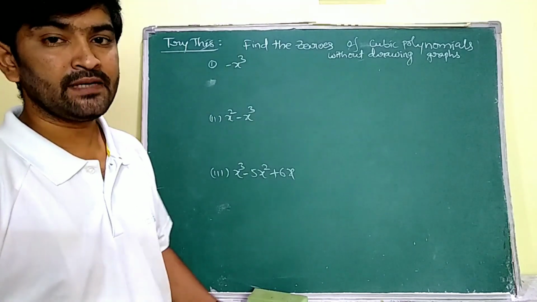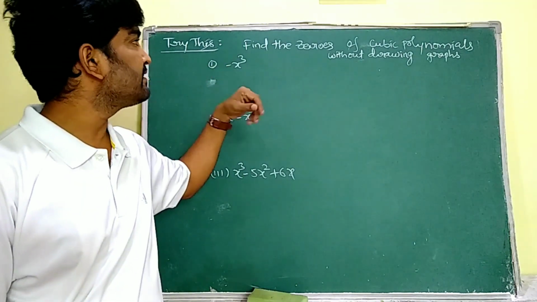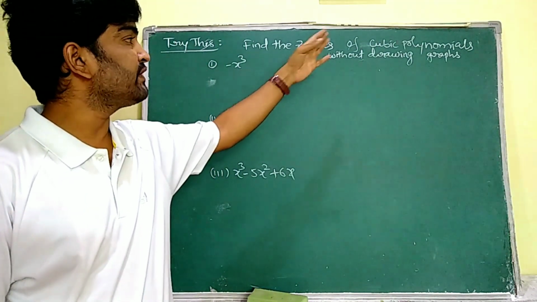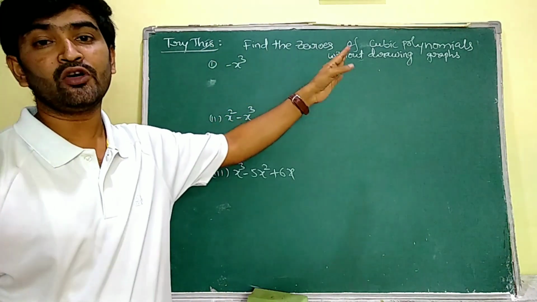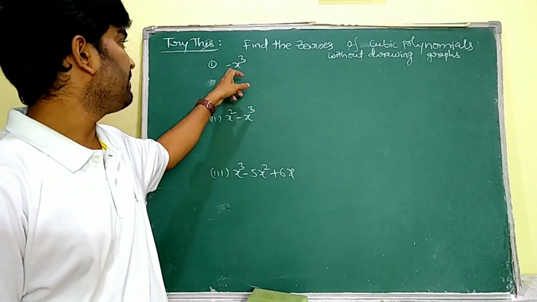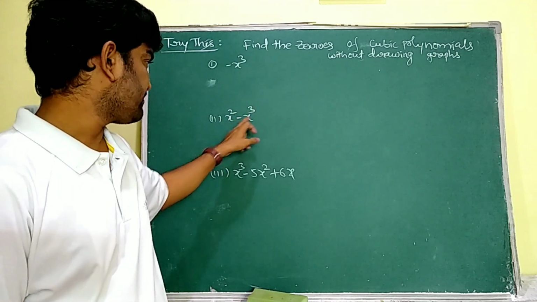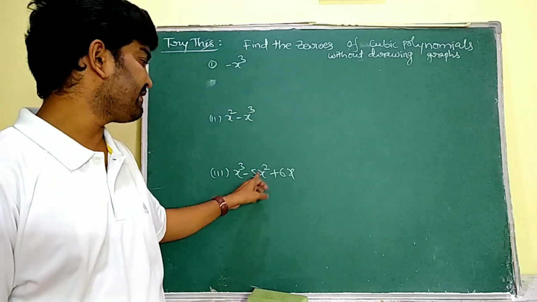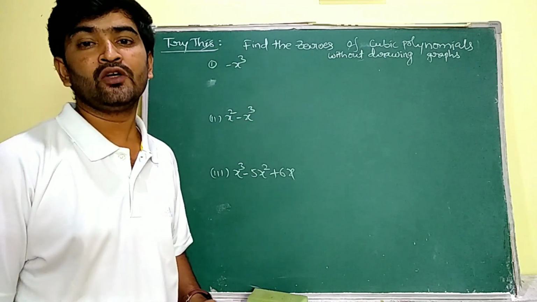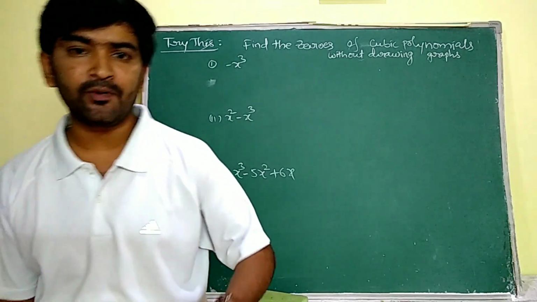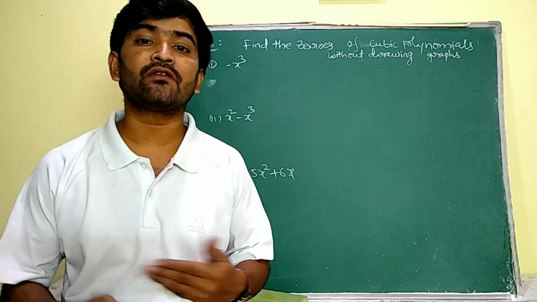See, the Try This is asking us to find the zeros of the cubic polynomials without drawing their graphs. Minus x cube, x square minus x cube, minus 5x square plus 6x, he gave. To find the zeros of any polynomial, we have to equalize it to 0.